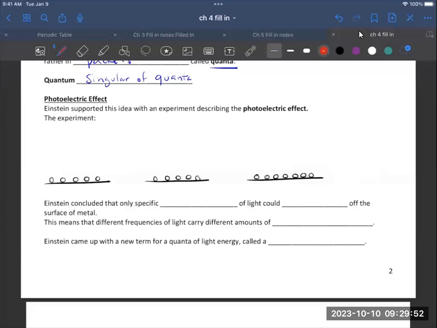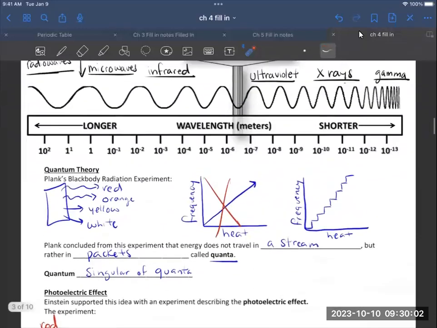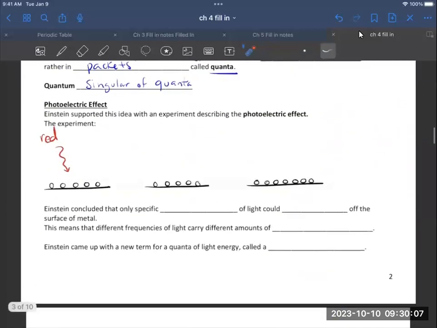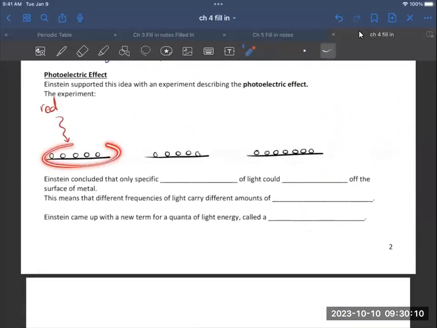What Einstein realized is that if you shine red light onto metal, we know that red light has a certain amount of energy in it, since red light is found on this spectrum. If you shine red light at this piece of metal with electrons stuck to it, nothing happens. And then if you shine green light at this sample, you see a few electrons jump off, kind of lazily.